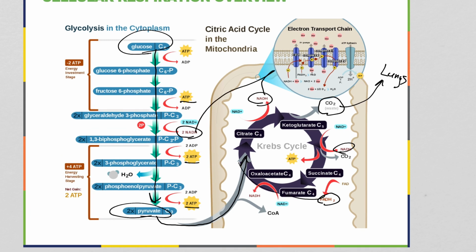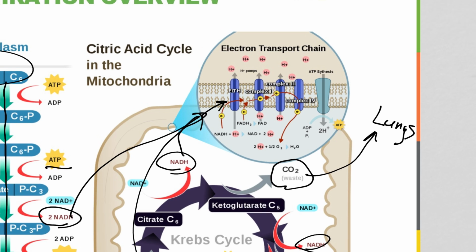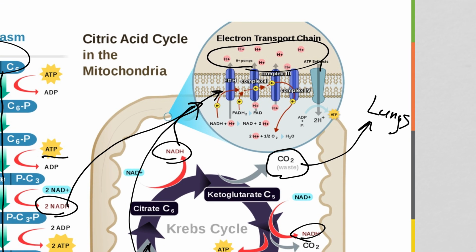All of these NADHs that we made, right, and the FADH2 are just electron carriers. So they picked up electrons in glycolysis and in Krebs cycle, and they handed those electrons off to the electron transport chain. We used the electron transport chain to harness the energy of those electrons and pump protons into the inner membrane space of your mitochondria. And then those protons flowed back through ATP synthase, giving it the energy that it needs to reattach ADP and a phosphate to make ATP.